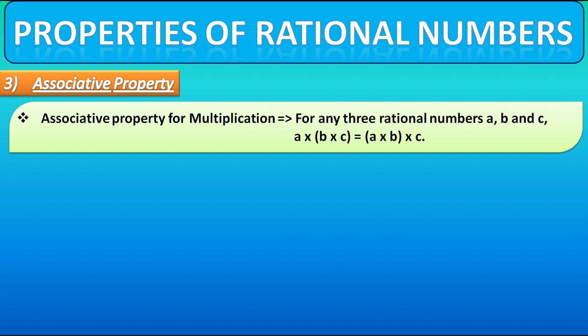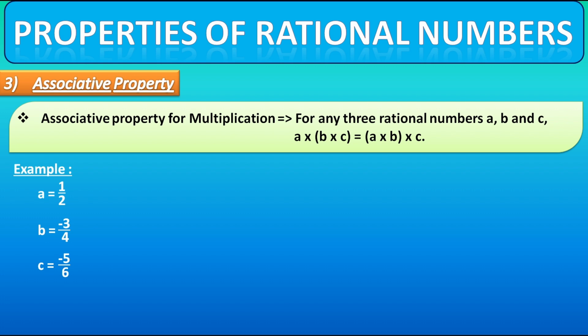The associative property for multiplication says that for any three rational numbers a, b, c, a into (b into c) is equal to (a into b) into c. Okay, let's check it with the help of an example. Here I am taking the value of a as 1 upon 2, b as minus 3 upon 4, and c as minus 5 upon 6.